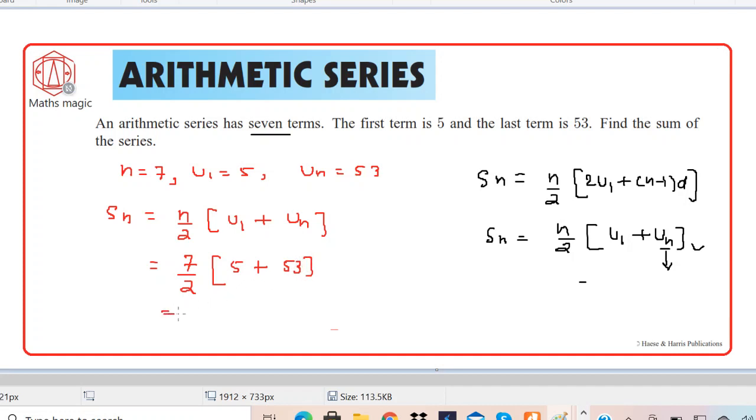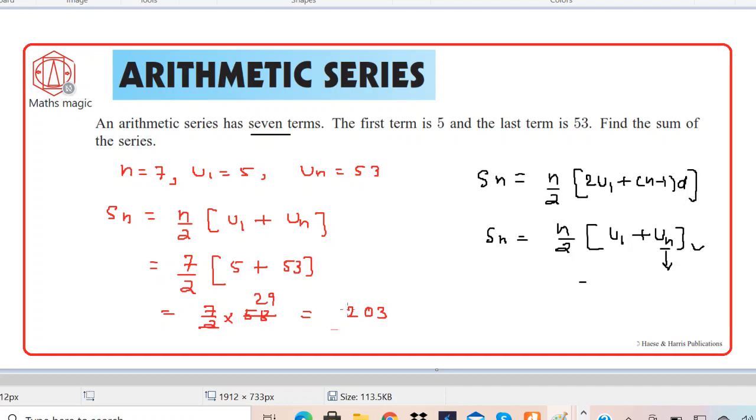So we can simplify this further. 7 upon 2 times (53 plus 5), that is 58, and we can cancel this, it's 29, and then we can multiply 29 with 7, and that's going to be 203. You can cross check your answer if it's correct or not.